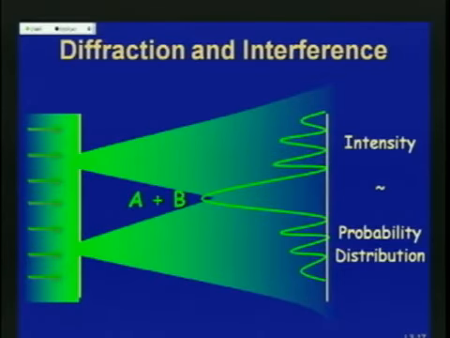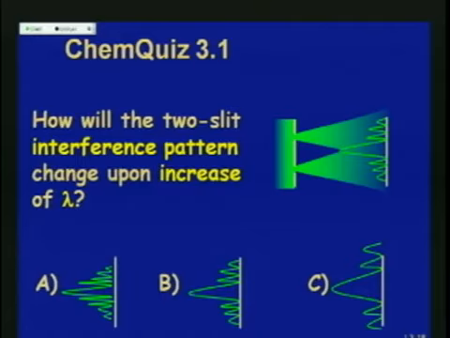Let me ask you a question. We have a two-slit experiment with monochromatic light, and we get this interference pattern. And now I take another monochromatic light source with a larger wavelength.